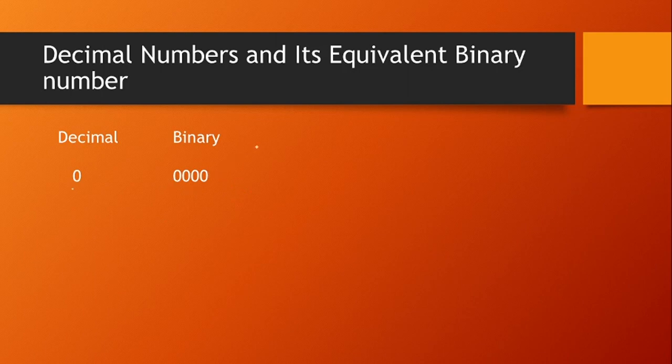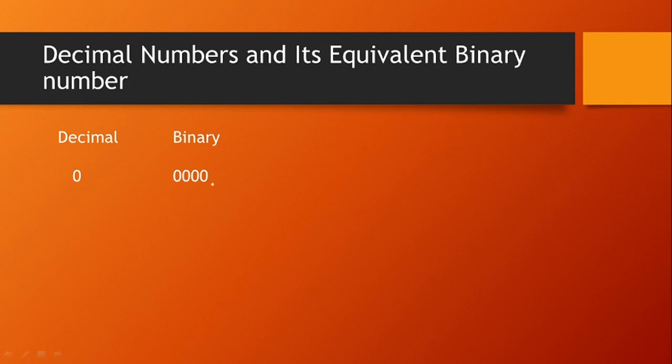So how many decimal numbers can be covered with 4-bit binary numbers? That is 2 to the power 4, so we have 16 decimal numbers or symbols, starting from 0, 1, 2, 3, 4, 5, 6 up to 15. So 0 to 15 becomes a total of 16.